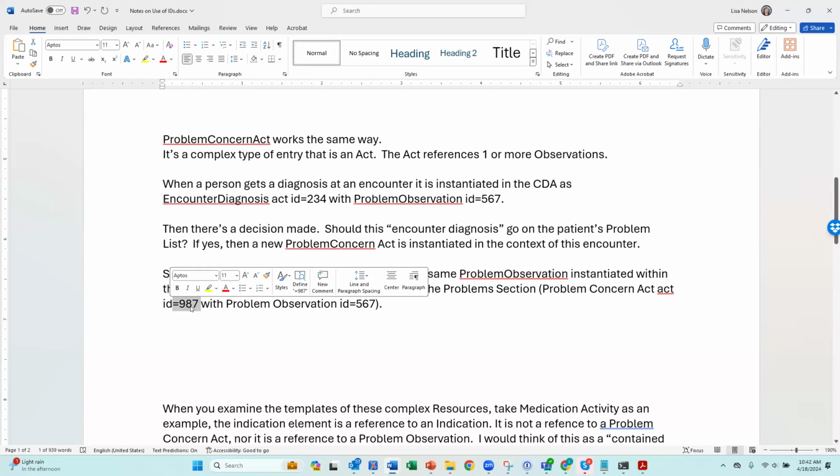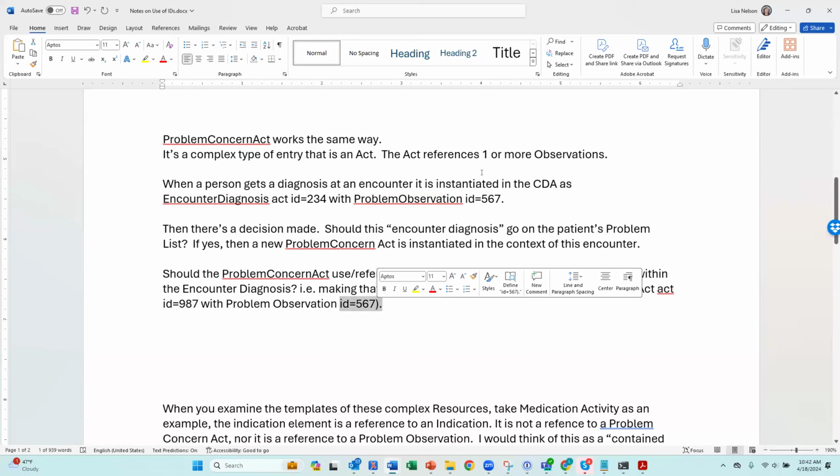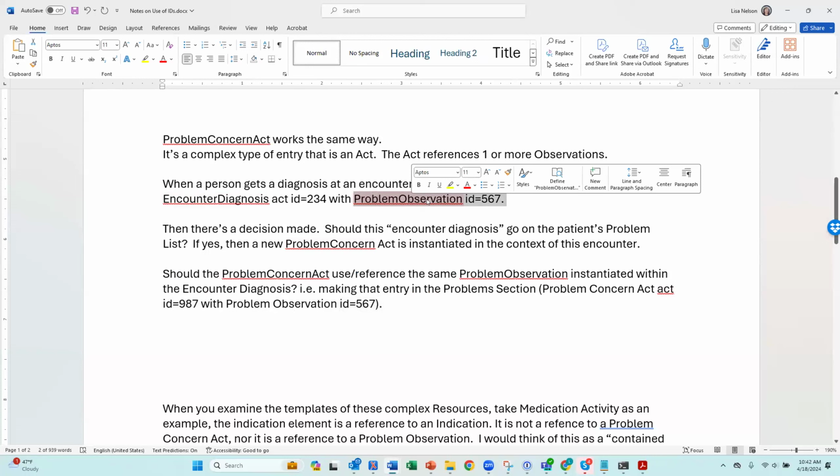But the problem that is going on my problem list is the problem that was diagnosed in this encounter diagnosis. So is this a case where that inner problem observation ID should actually be the same as this one? I lean towards yes.